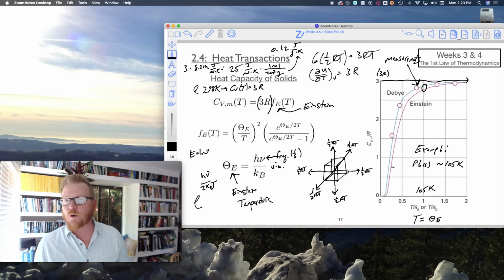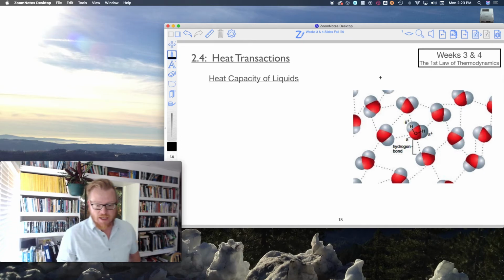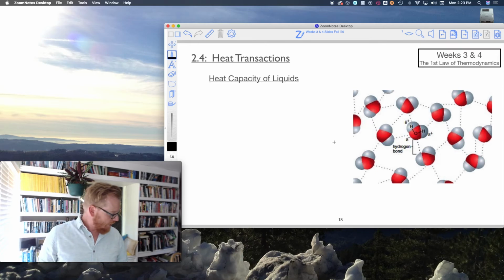I'm going to do another cool example here talking about the heat capacity of liquids. You can tell by my picture, I'm specifically going to use water in this example. Let's do this example working backwards. First let's start with liquid water.